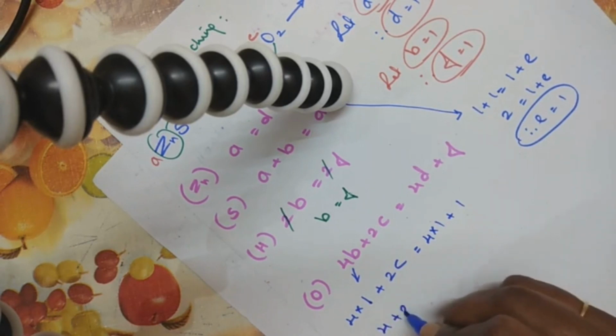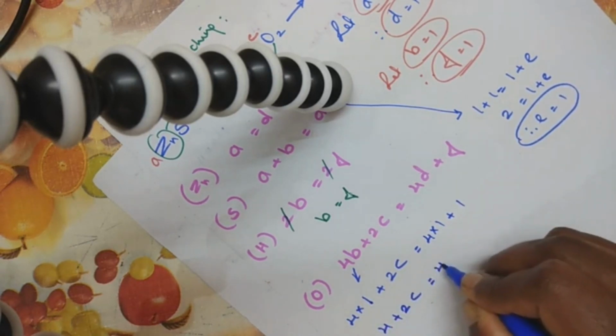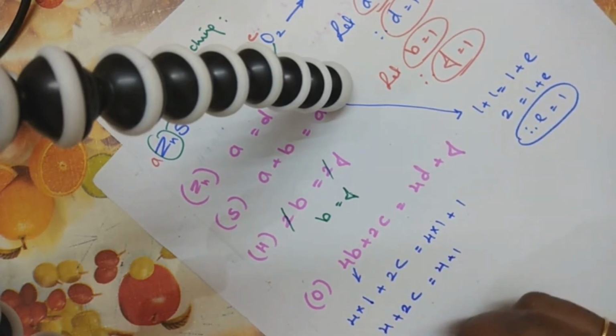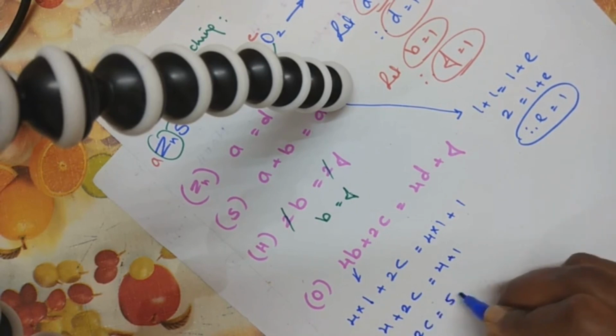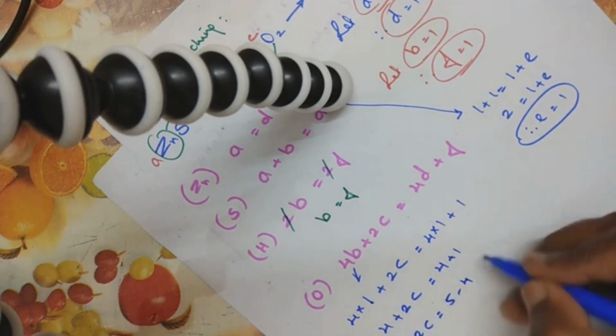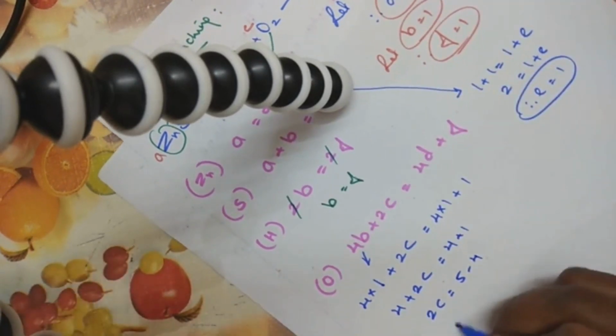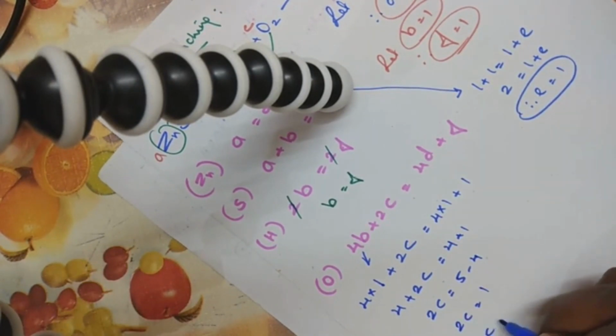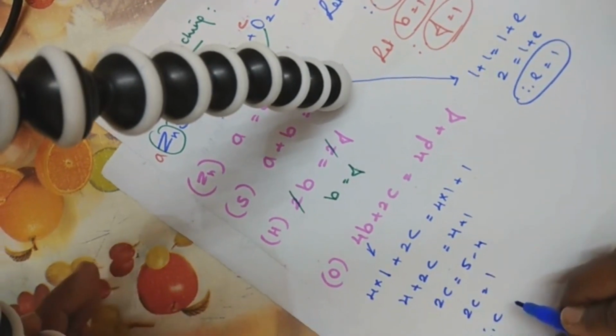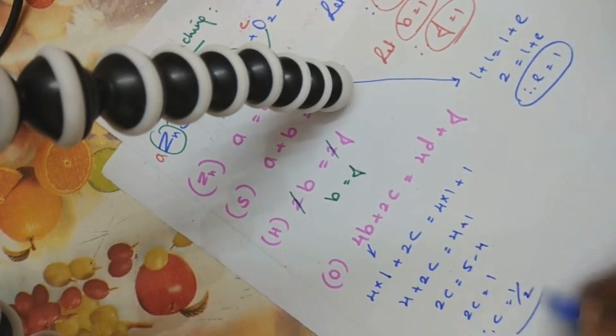So 4 plus 2C is equal to 4 plus 1, which is 5. So 2C is equal to 5 minus 4, changing the sides. So I've got 2C is equal to 1. Therefore, C is equal to 1 by 2.